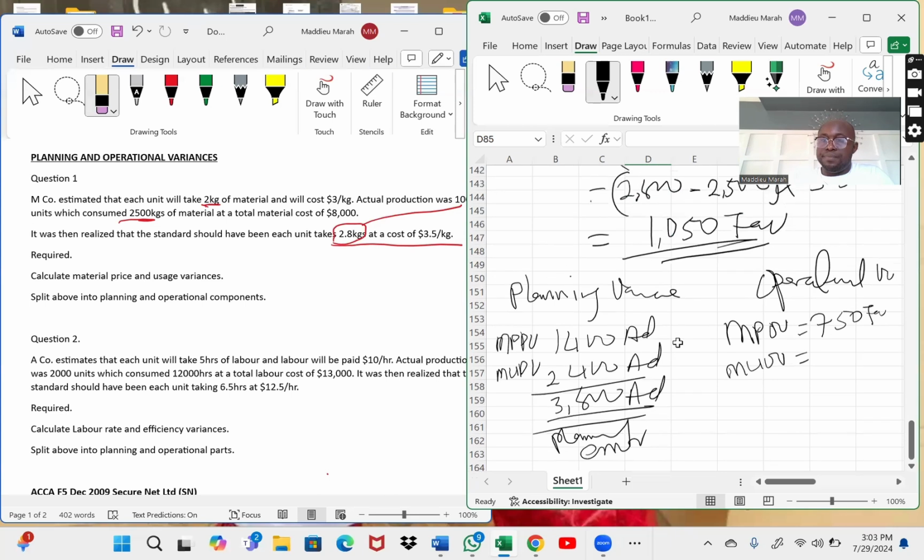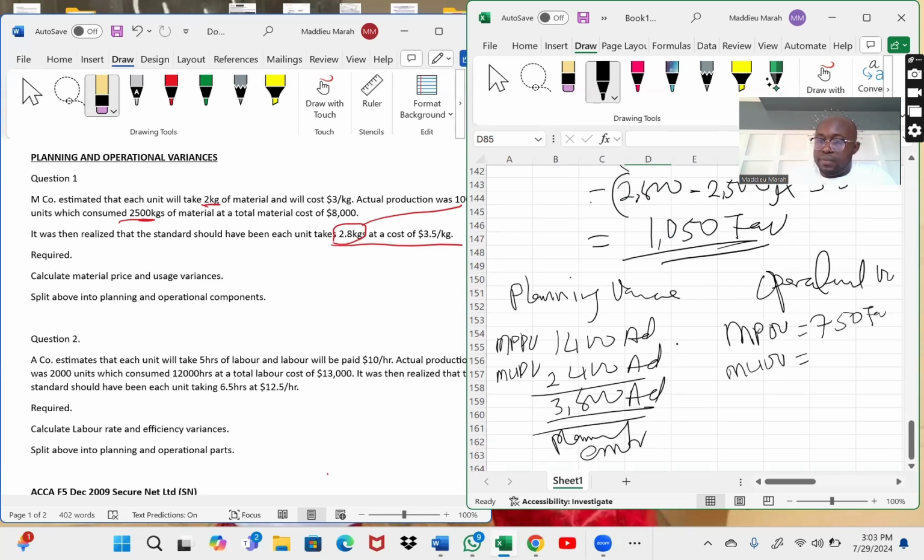How much is that? 1,050 favorable. Total: 1,050 plus 750 gives us 1,800 favorable. So we can use this to hold managers responsible for operational variance. Managers have done well. They were able to save the company a total of 1,800.